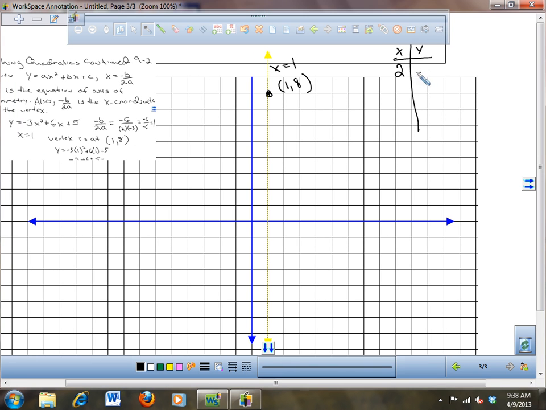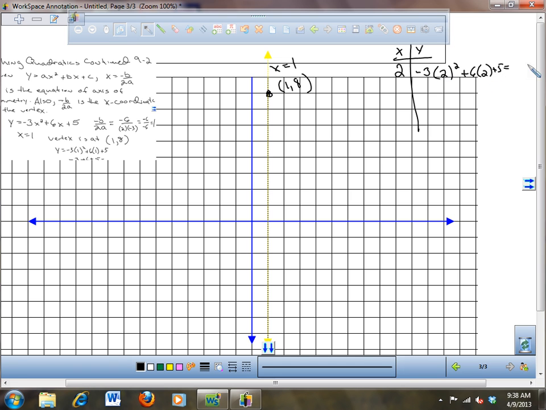So I'm going to plug in 2 into this equation. So that gives me negative 3 times 2 squared plus 6 times 2. All right, I'm plugging into this equation right here, plus 5. And if I simplify that, I'm going to just do it kind of in my head. 4 times negative 3 gives you negative 12.